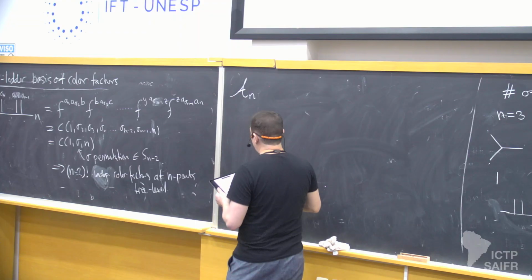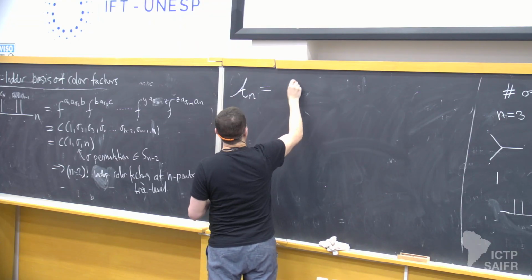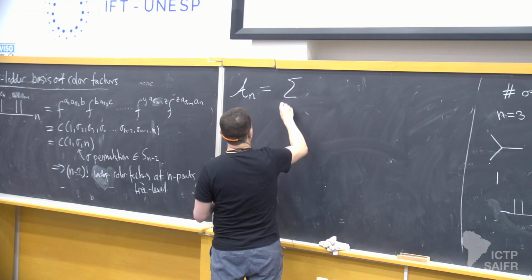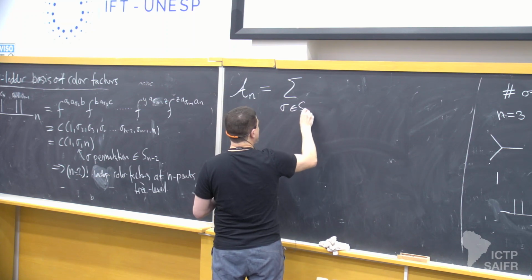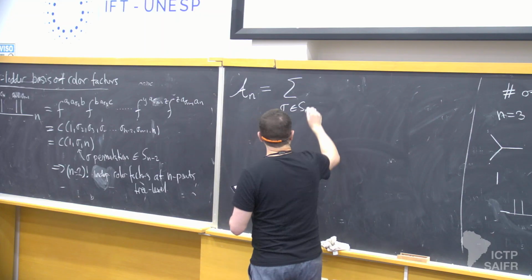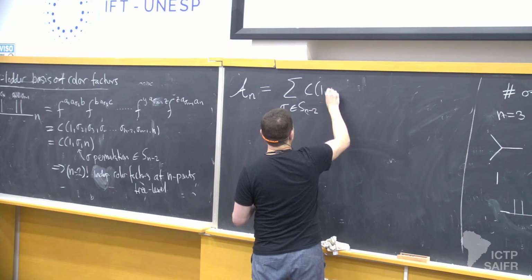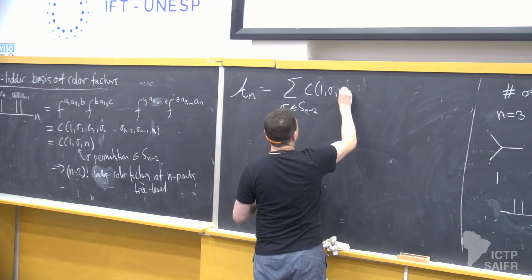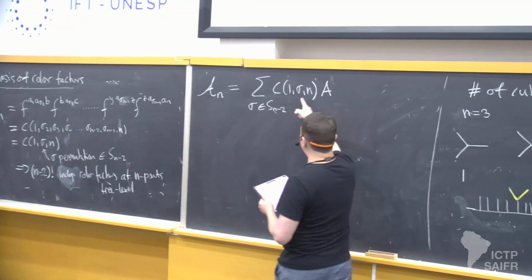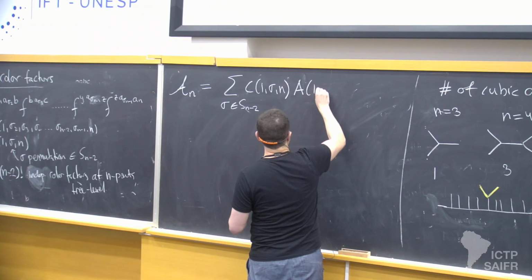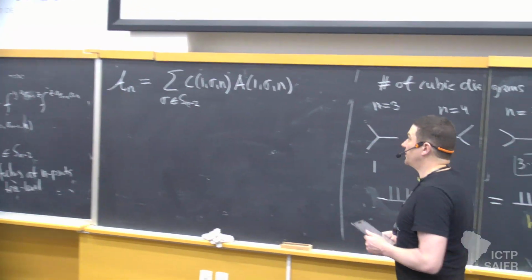In this case, it's a tree-level amplitude at n points, and it's a sum of permutations belonging to this permutation group, S n minus 2, and it has the half-ladder color factor, C 1 sigma n, and then it has a partial amplitude where we can now recycle the notation. So we just write 1 sigma n, because it also depends on the same permutation.